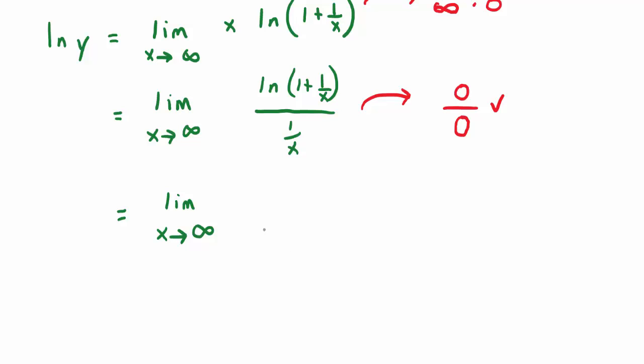Okay, well, what's the derivative of the numerator, natural log of 1 plus 1 over x? How about 1 over 1 plus 1 over x times the derivative of what's inside by the chain rule. So this is the inner function. I'm still working on the derivative of the numerator. What's the derivative of 1 plus 1 over x?